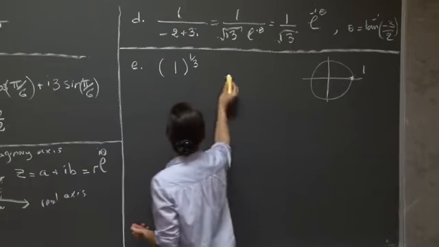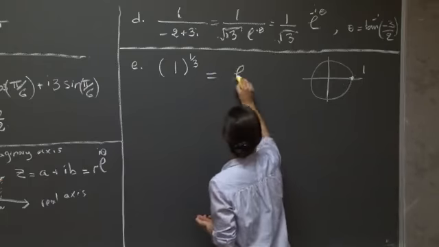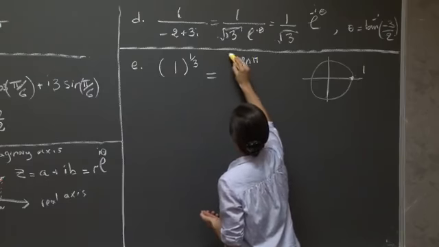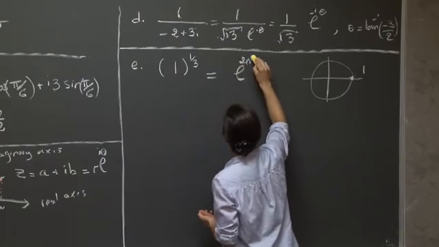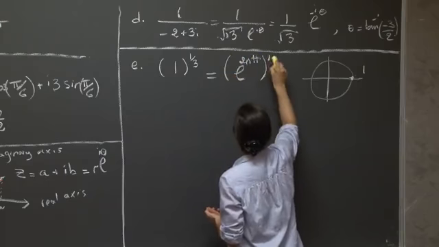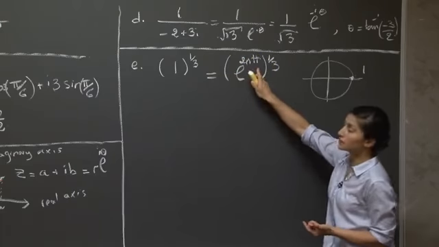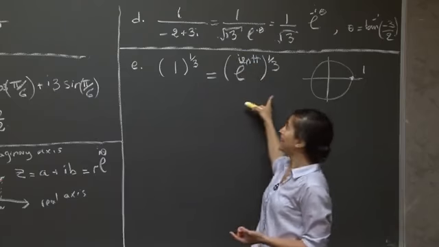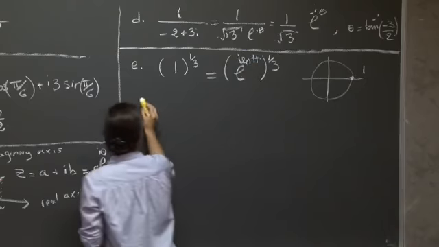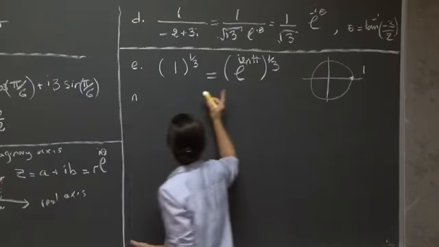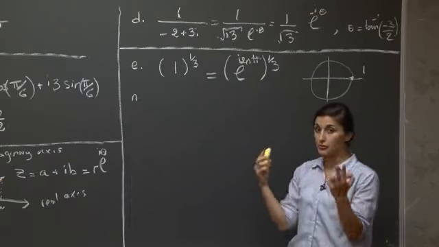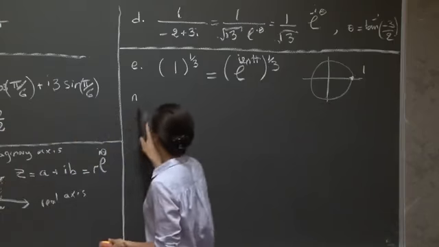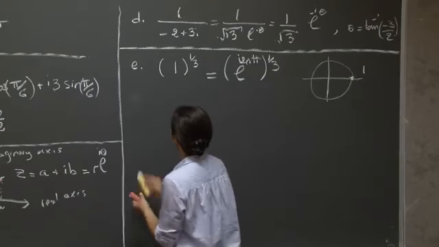So we can write 1 as exponential of 2 n pi i, because it's basically angle 0 modulo 2 pi. And from here, we know that we're looking at 1/3 roots, so we're going to have 3 roots. And these roots are going to be expressed by changing the value of n.